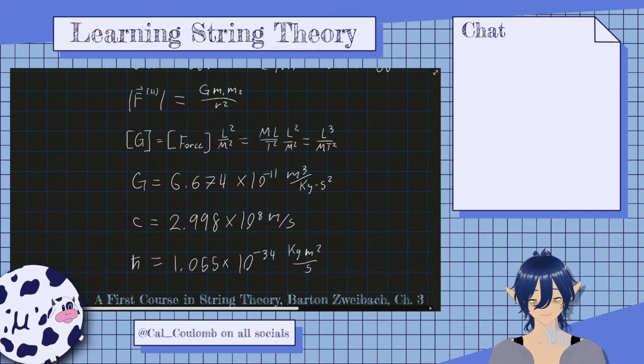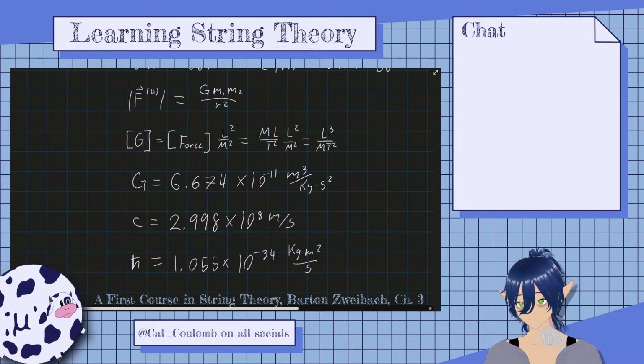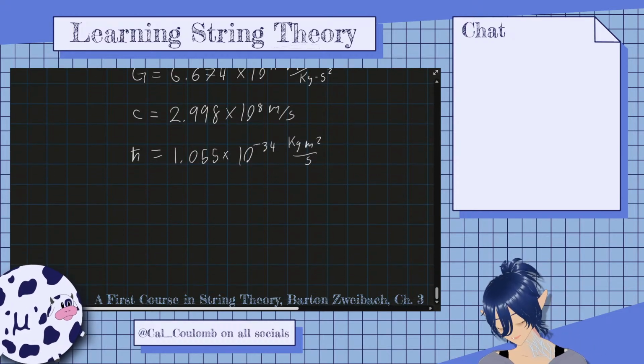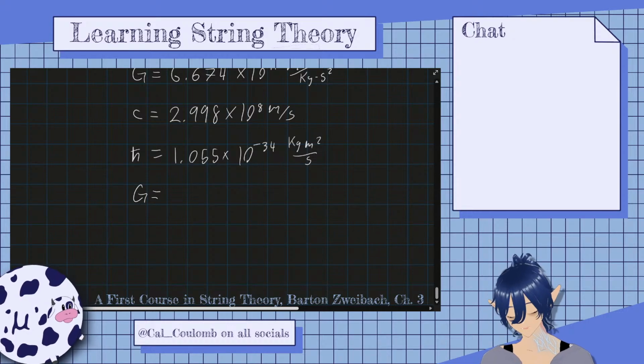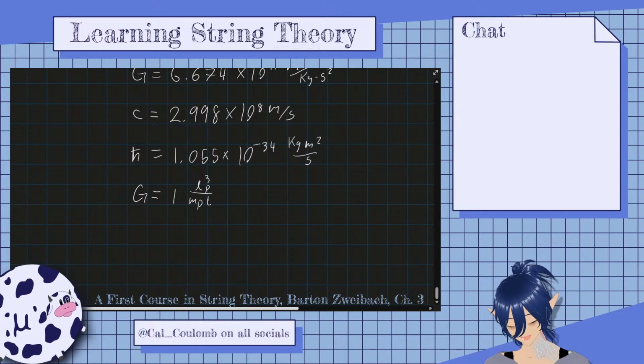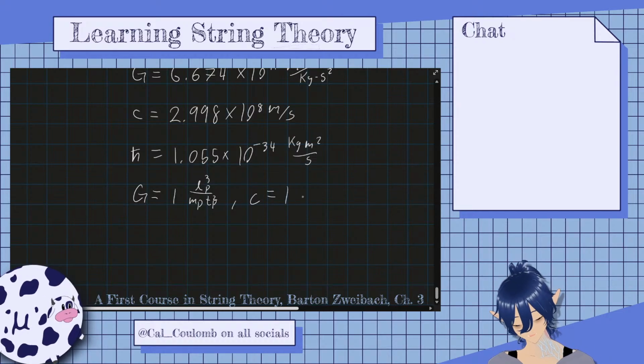The units are called the Planck length, the Planck time, and the Planck mass. In those units, G is equal to 1 Planck length cubed divided by the Planck mass times the Planck time squared. c is equal to 1 times the Planck length over the Planck time.